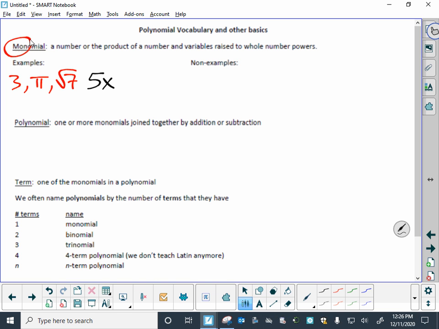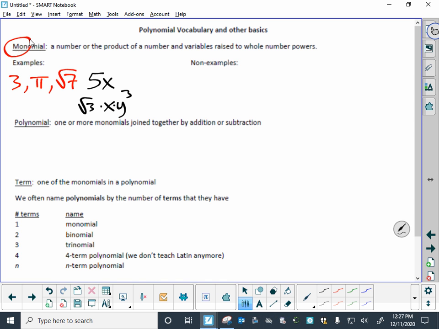Well, 5x is raised to the first power, so that counts. Square root of 3 times xy cubed. This is a product of a number and variables raised to whole number powers. Okay, and just products, multiplying those things together. So those are some examples of monomials.